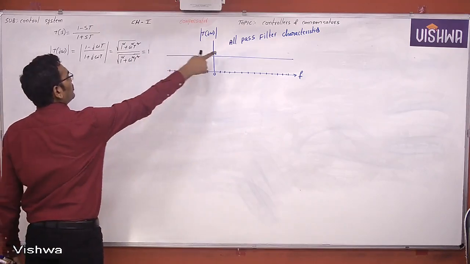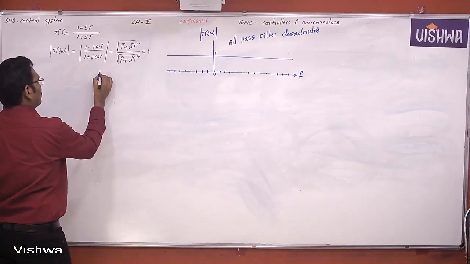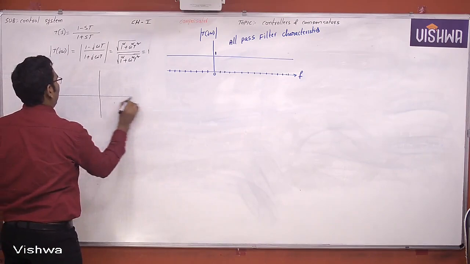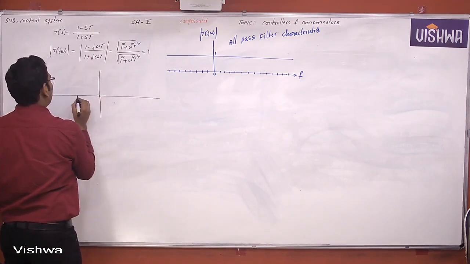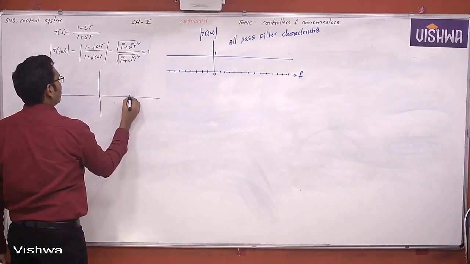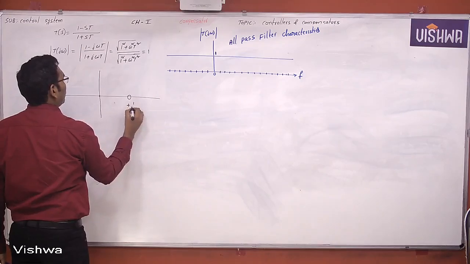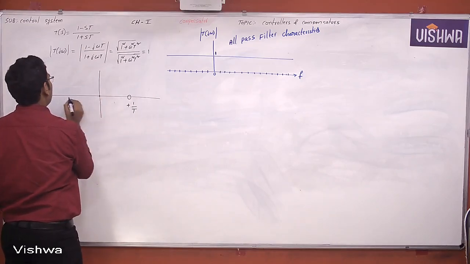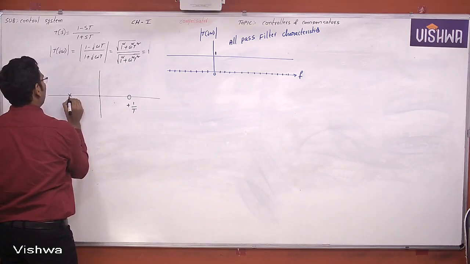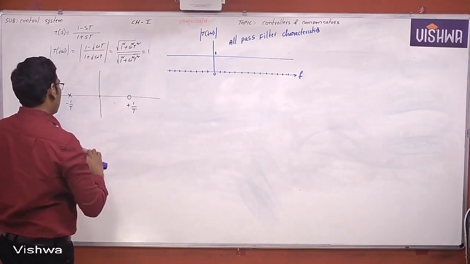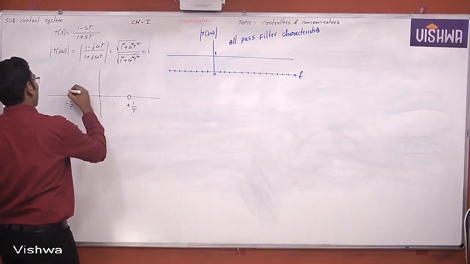Now it will produce all pass filter characteristics, meaning what is the pole zero sequence in S plane? Now the zero is at plus 1 by T, then there exists a pole at minus 1 by T, which means that there exists a symmetrical pole zero location.